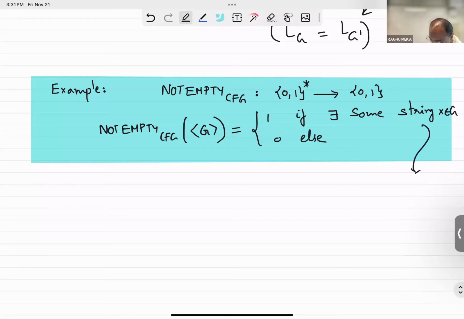So this is the same as saying there exists some x such that the function computed by the grammar is 1, and 0 otherwise. Is the grammar trivial or is it doing something interesting?